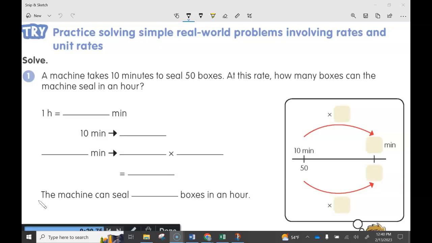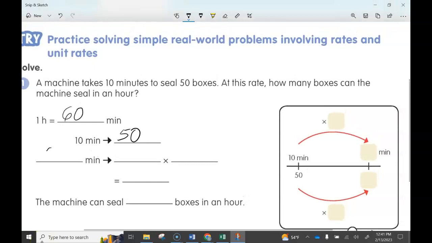It's important to think through a couple of things here. We know 10 minutes, 50 boxes. We know that 1 hour is going to equal 60 minutes. In 10 minutes, 50 boxes, so now we have to think about 60 minutes.